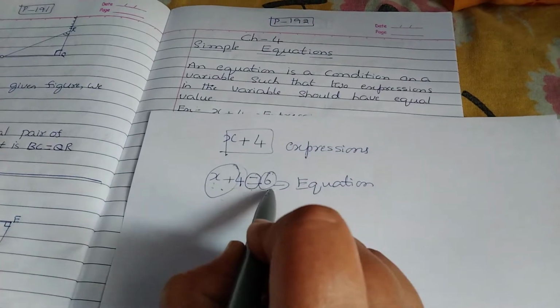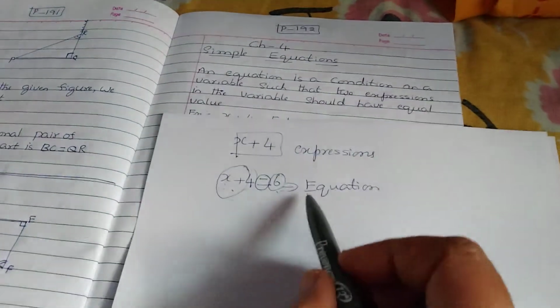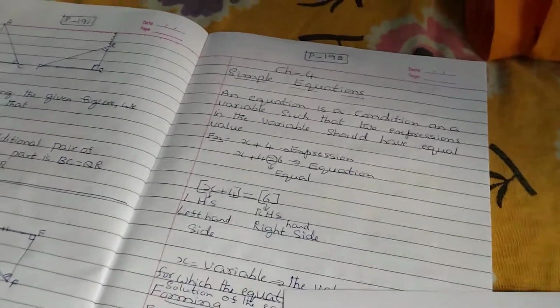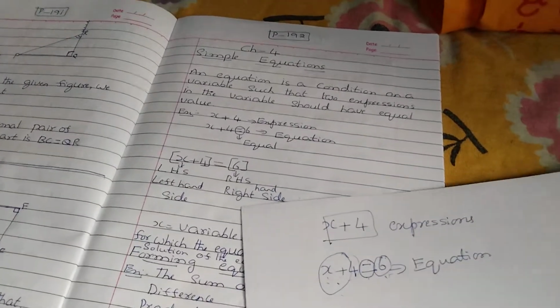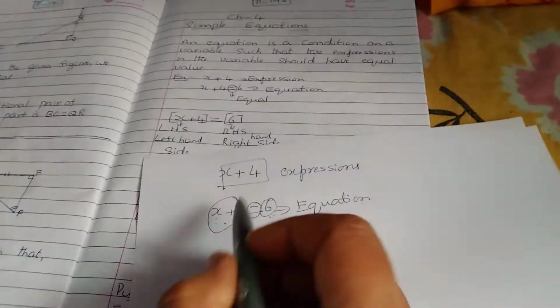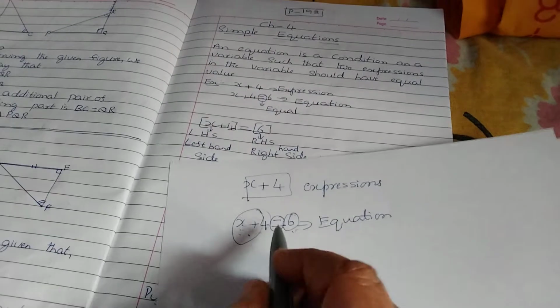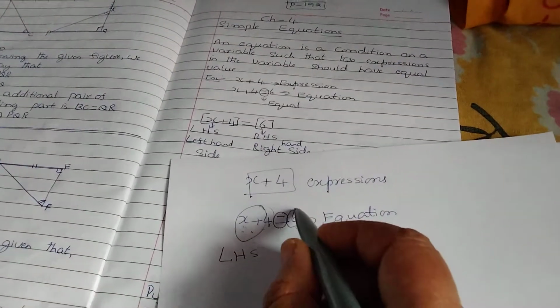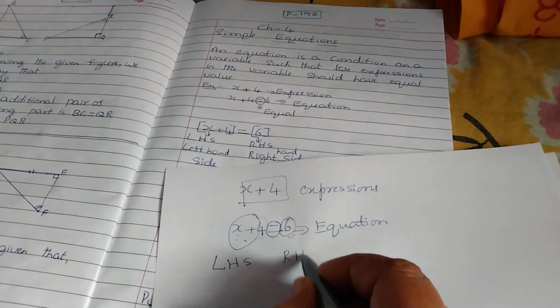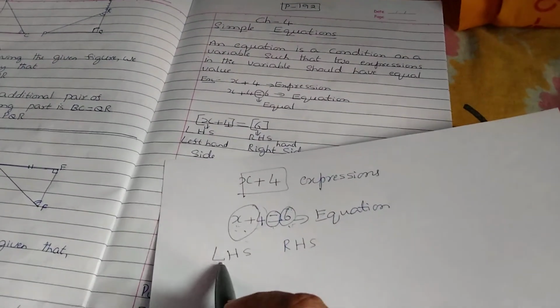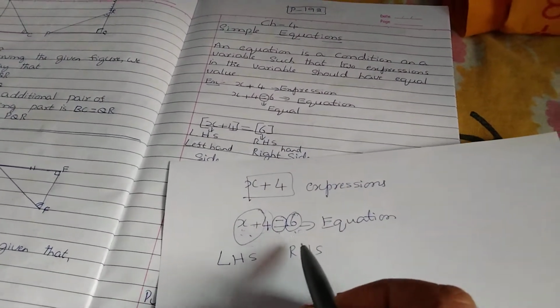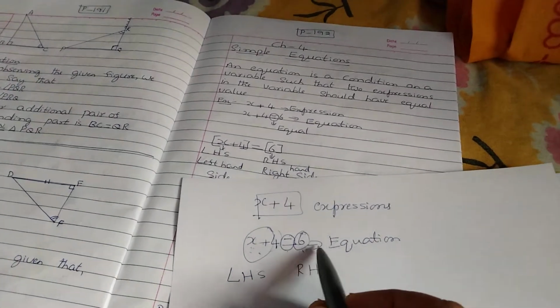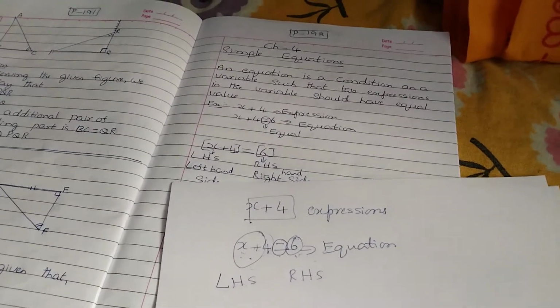Both have equal value, so we call it an equation. Here x plus 4 is called the LHS and 6 is called the RHS. That is, the left hand side and right hand side of the equation should be equal.